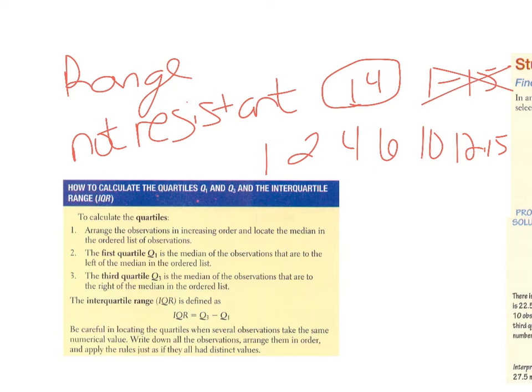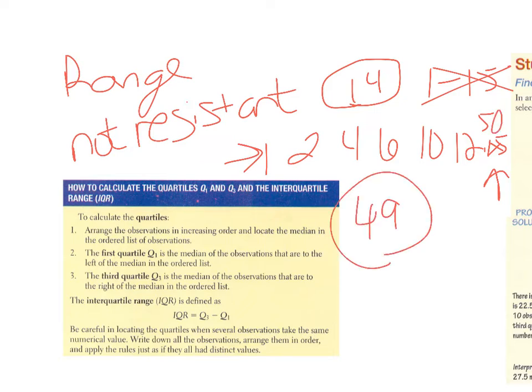It is one value, and so that would include only here and here. So if one of these was a big, huge outlier, let's say this wasn't 15 anymore, and let's say this was 50, now my range becomes 49. And that outlier is having a major impact on my range.